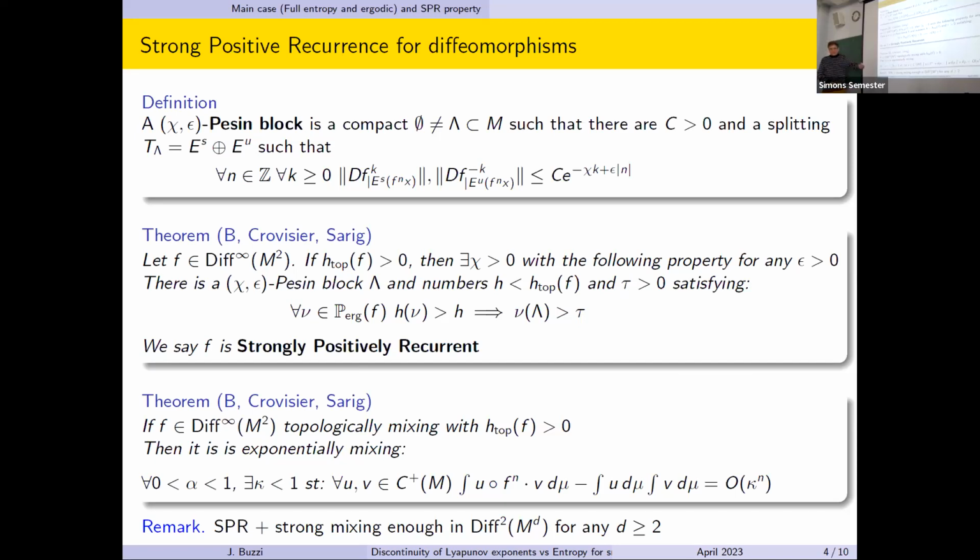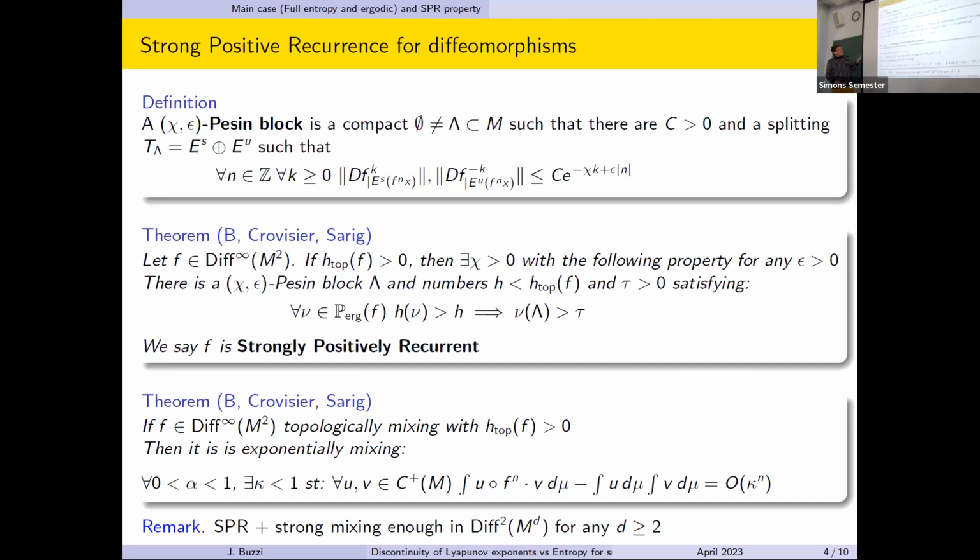And you need something more for Pesin theory, this was introduced by Pesin: when you move along the orbit, this is the integer n, the constant may degrade and may increase, but slowly on the exponential scale, exponential of epsilon times the absolute value of n. When you move forward or backward in time, your constant can grow.